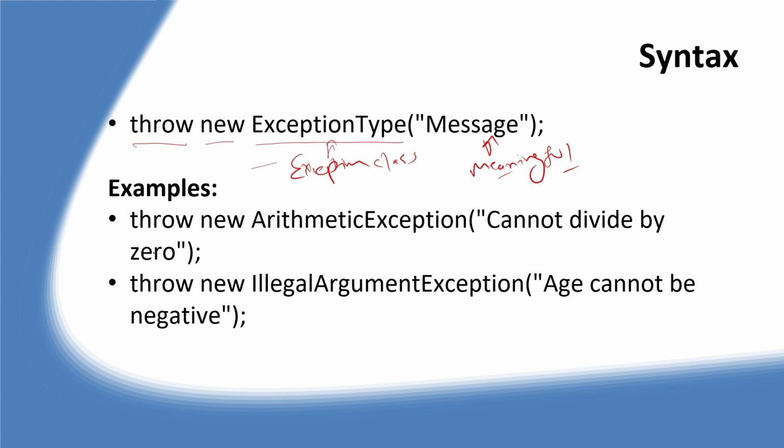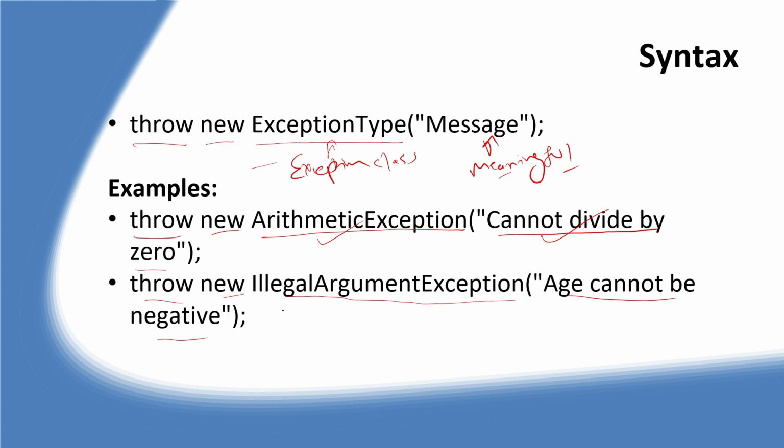So here are some examples, like throw new ArithmeticException, cannot divide by 0. So this is a meaningful message, and by the class name we can see which exception we are throwing. And this is like throw new IllegalArgumentException, age cannot be negative.